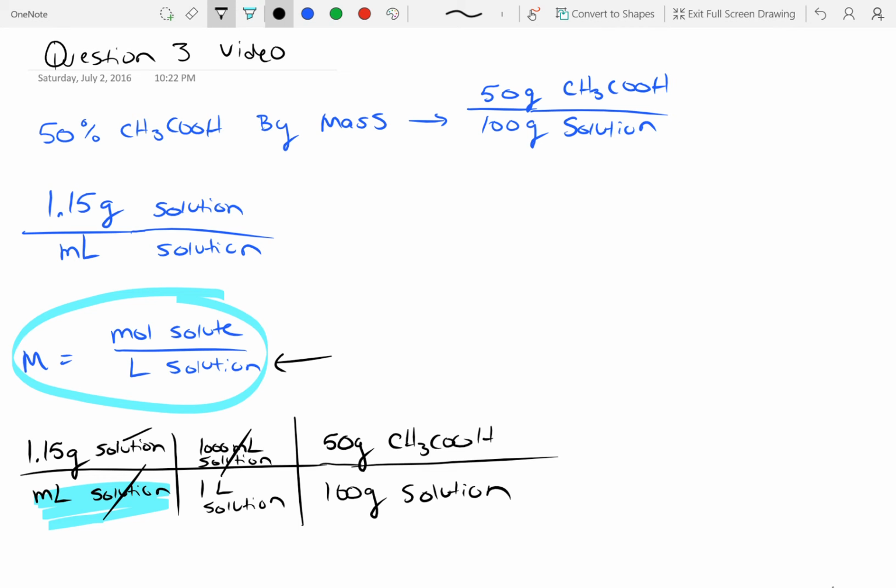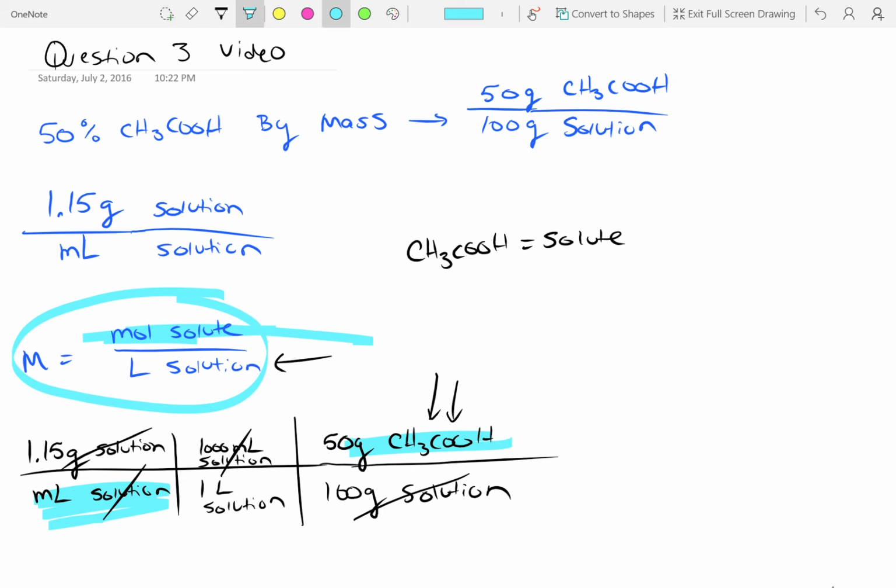So grams of solution and grams of solution cancel out. One big thing to know is that our CH3COOH is our solute. We're in units of grams of solute, and what we need is moles of solute. So we're almost there.